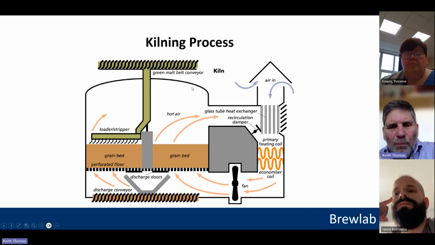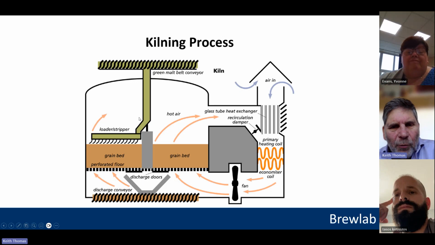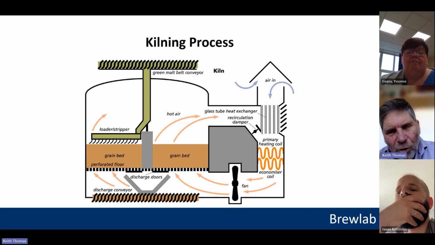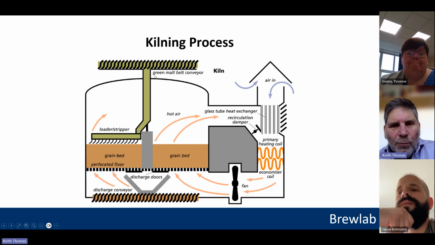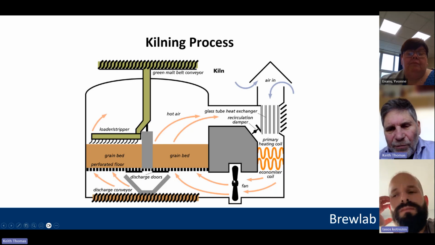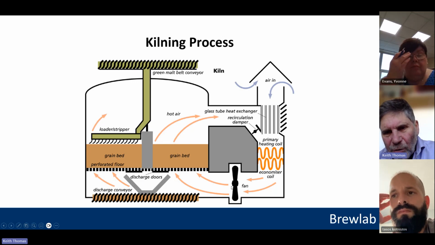Now, compared to the steeping and the germination vessel and so on, we've got a bit of a more complicated system here, but this depends whether it's a germinating kilning vessel or a kiln itself. If it was a kiln on its own, you would have the green malt coming in, still wet, onto the grain bed, and then hot air coming through from the heating coils with a fan through the perforated plates, circulating round through a heat exchanger.